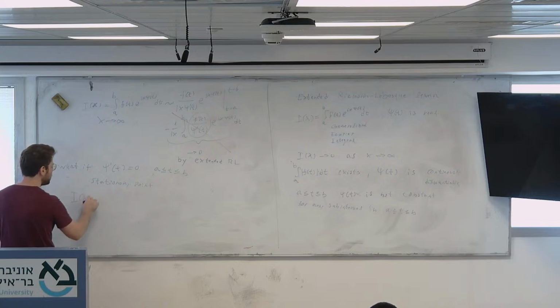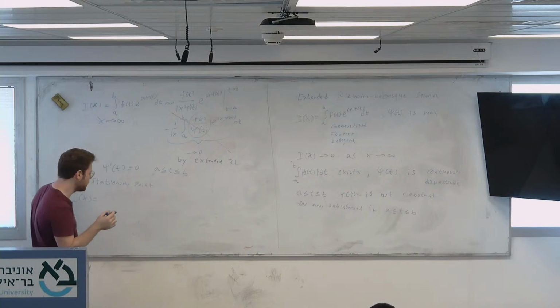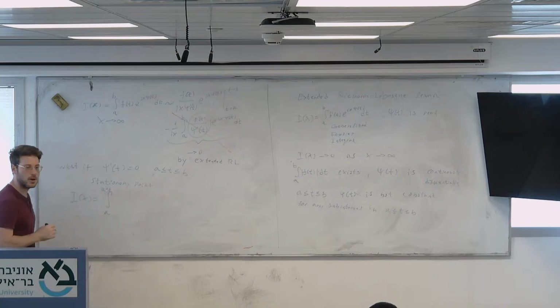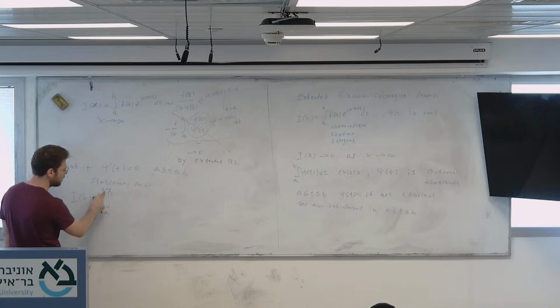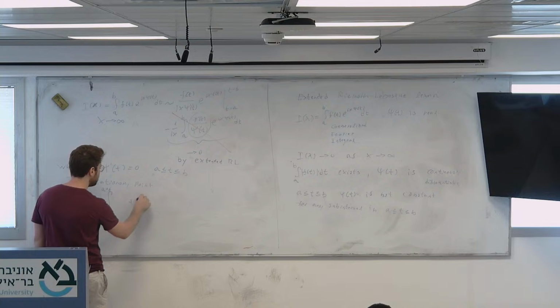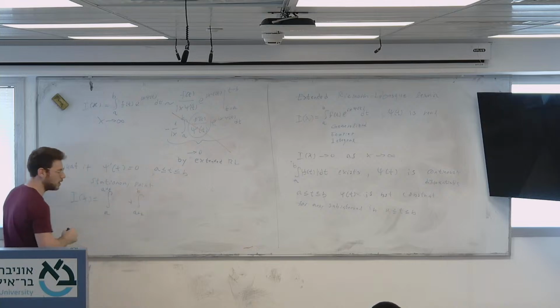So for simplicity, let's say that the stationary point is t equals a, okay? And the contribution would be mostly around this point. So we can say a plus epsilon, right? Plus a plus epsilon to b, okay?